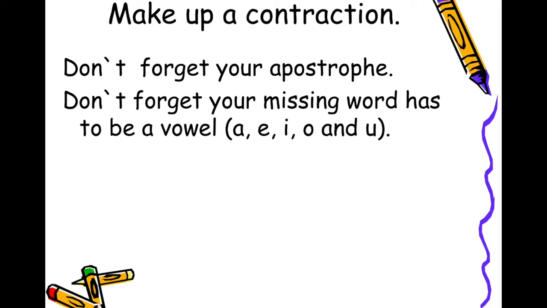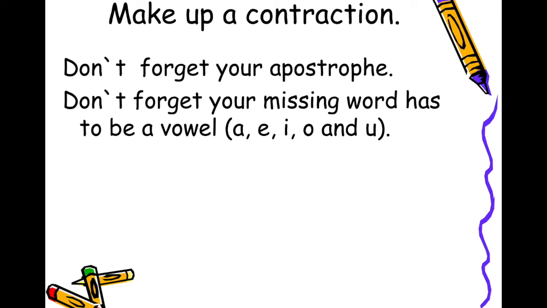And the reason is when you are contracting two words which have two syllables, like do not, two syllables, you are making it into one syllable. You're shortening the amount of time it takes to say that word. So you're changing do not, two syllables, into don't, one syllable, okay?